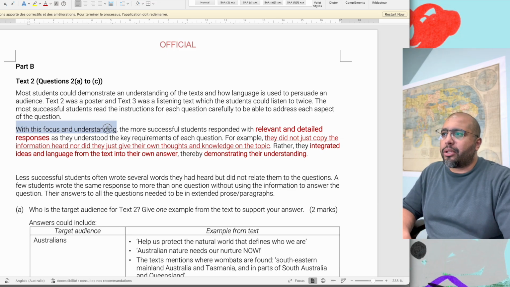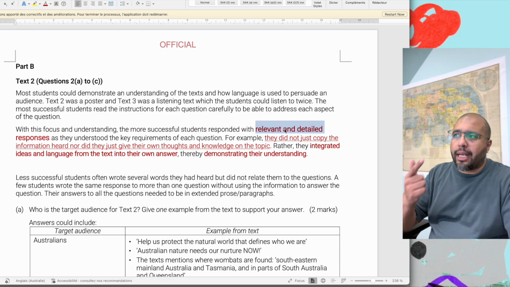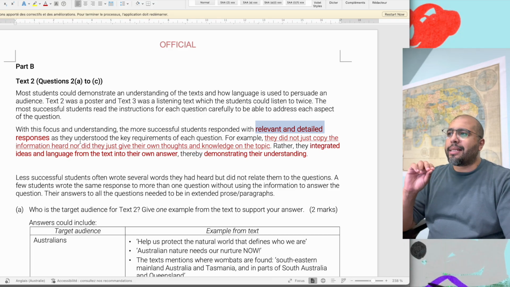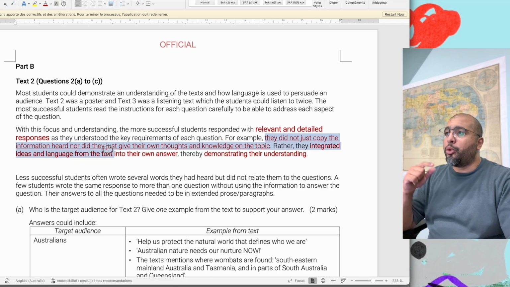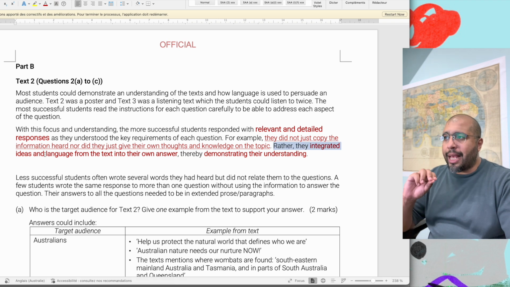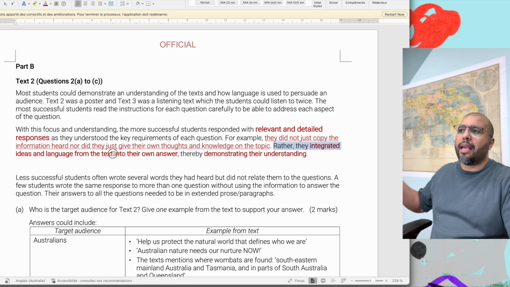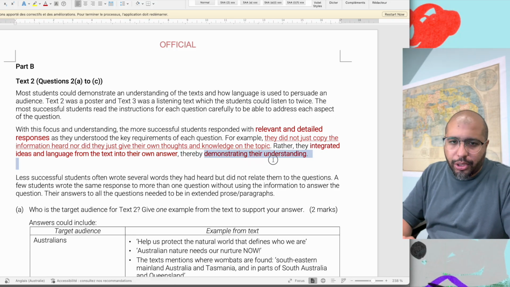With this focus and understanding, the more successful students responded with relevant and detailed responses, as they understood the key requirements of each question. For example, they did not just copy the information heard, nor did they just give their own thoughts and knowledge on the topic. Rather, they integrated ideas and language from the text into their own answers, thereby demonstrating their understanding.